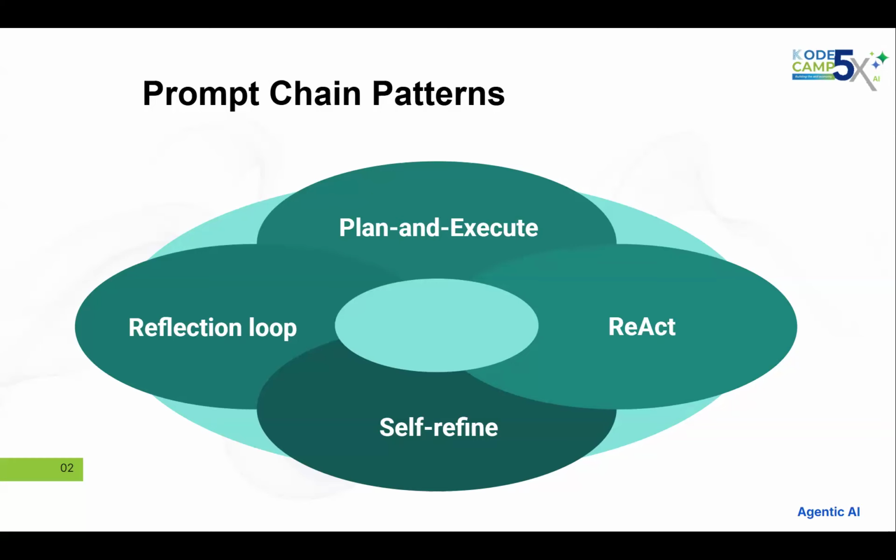Then for the self-refine pattern, the agent critiques some text and then it rewrites it. So if you have some text, the agent will critique that text, and based on that critique, it rewrites the text. This is suitable for scenarios where you want to summarize some text, or do some creative writing, or even technical writing.